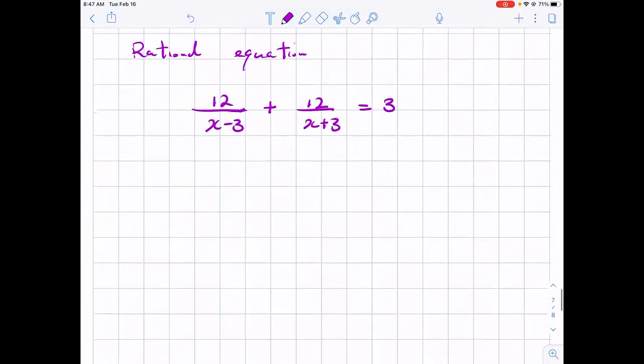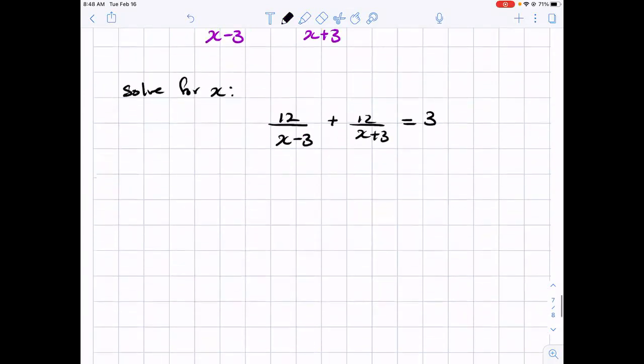So now we have our equation, we can solve for x. There is nothing in the denominators to factor, and keep in mind 3 is the same as 3 over 1.